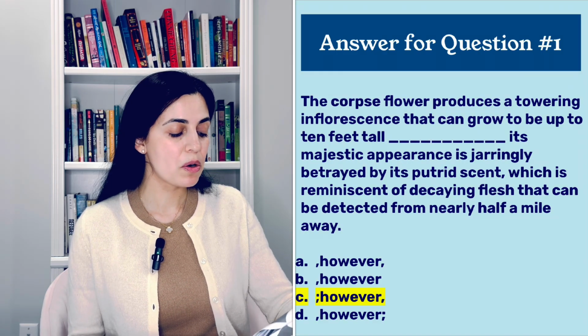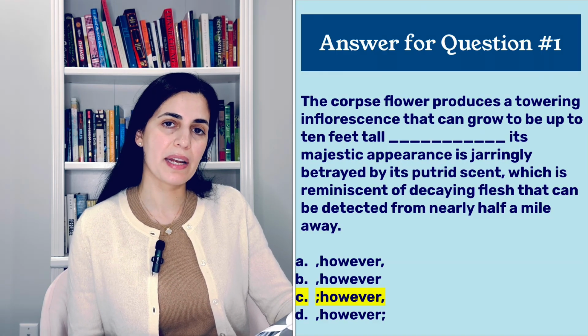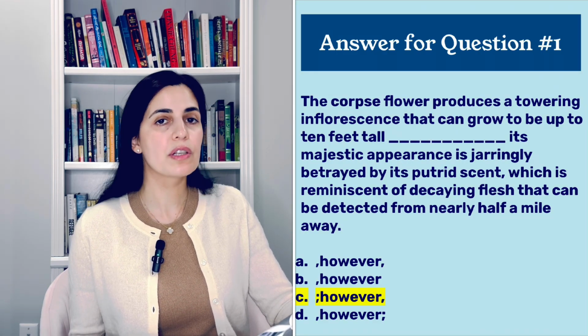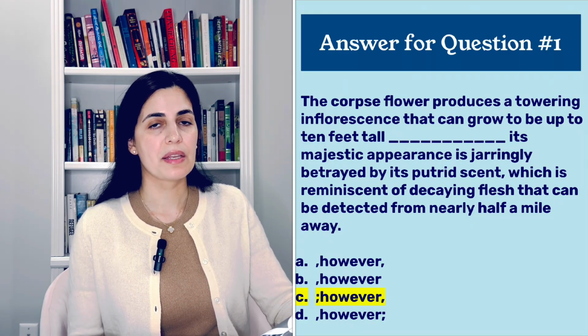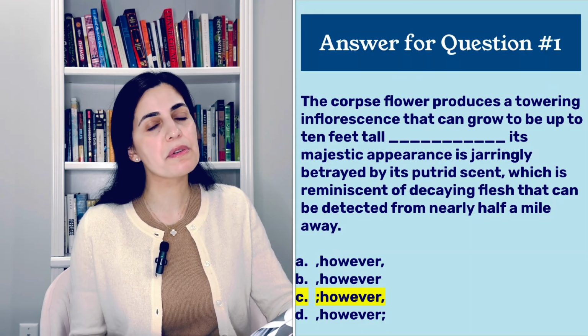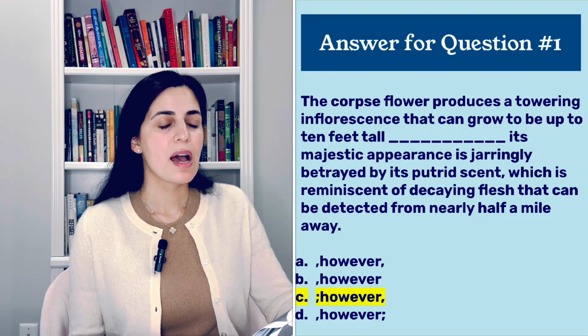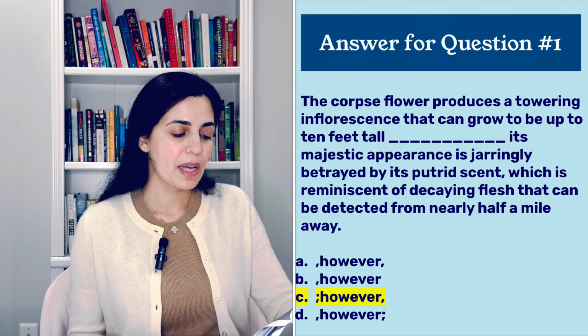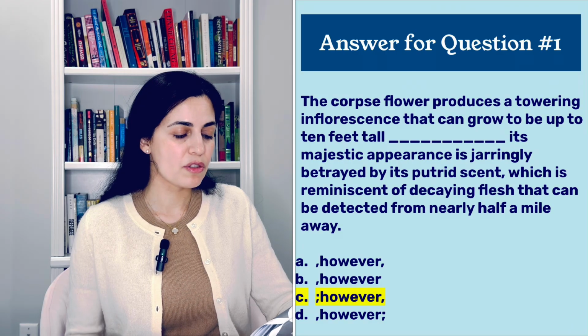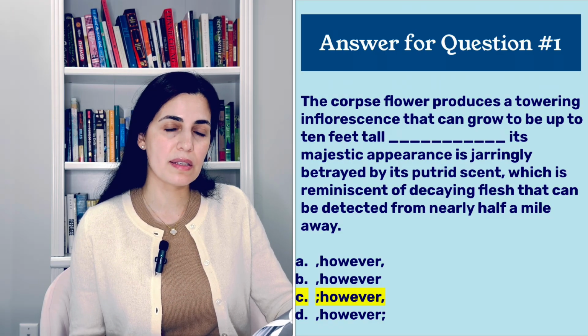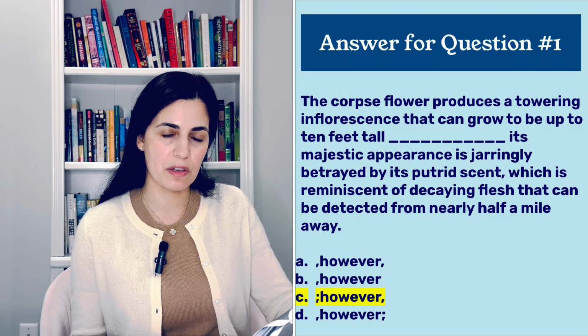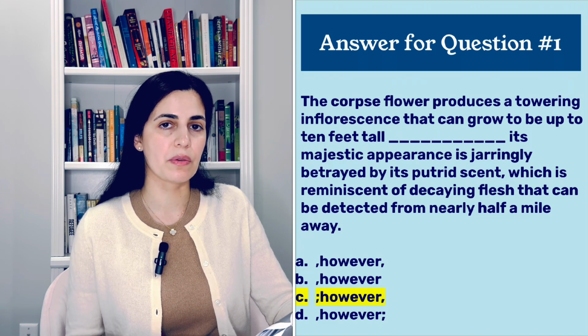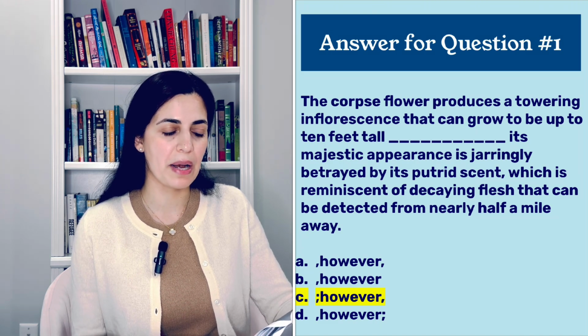You need a semicolon before the word however and a comma afterwards. You could also have a period and then capitalize however and a comma afterwards, but that's not one of the choices. So that's why the answer is C. As you can see, this is joining two independent clauses, and that's why we need an end punctuation, either the semicolon or the period before the word however.